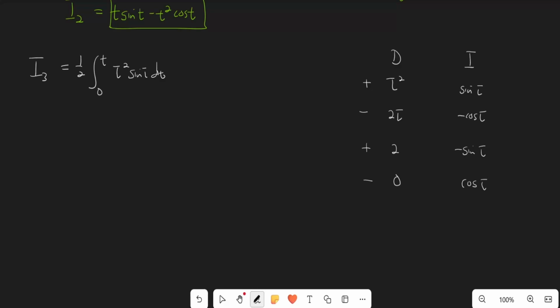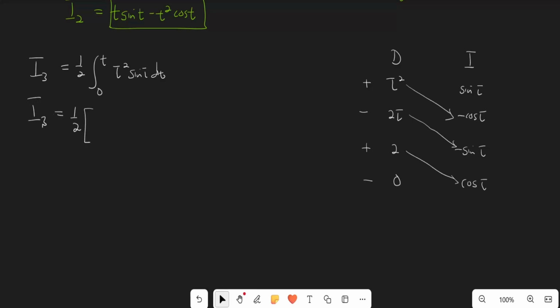So we just have to multiply diagonal terms. This one, and then this one. The next one would have been 0 times whatever the value of the integral will be here, but 0 times any value of the integral is going to be 0. So there's no need. So I3 is just a product of the diagonal terms. This one is going to be 1/2 all the way in front.